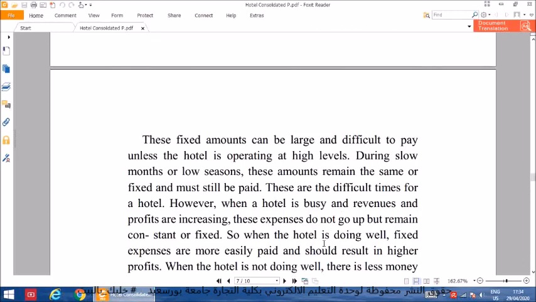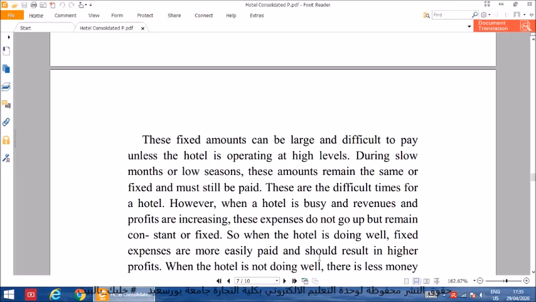These fixed amounts can be large and difficult to pay unless the hotel is operating at high levels. During slow months or low seasons, these amounts remain the same or fixed and must still be paid. These are the difficult times for a hotel.